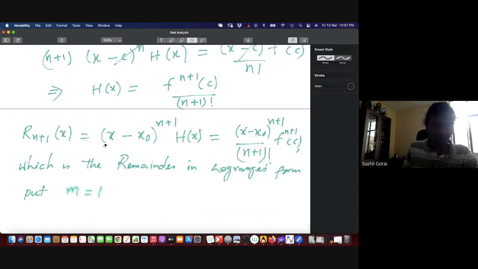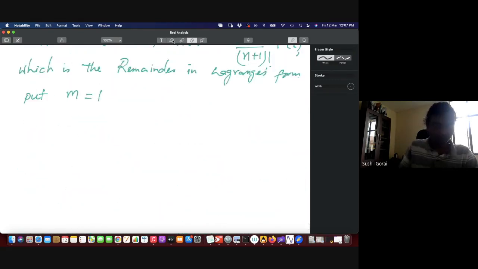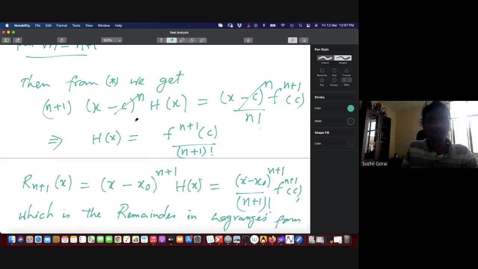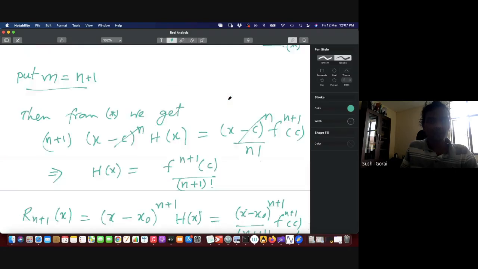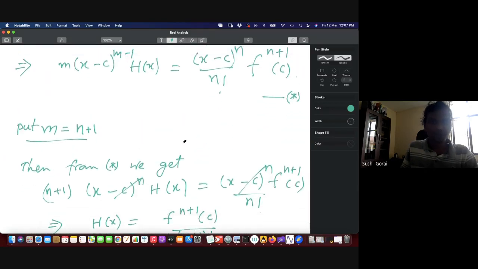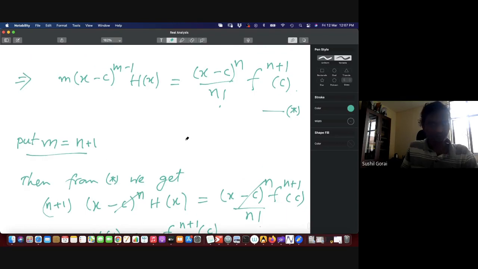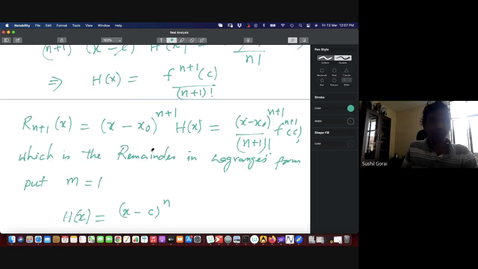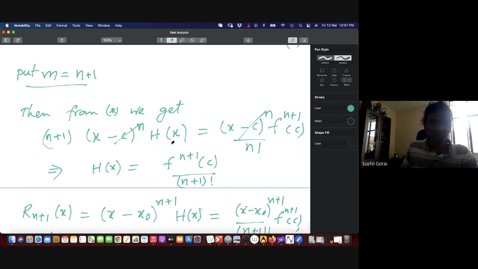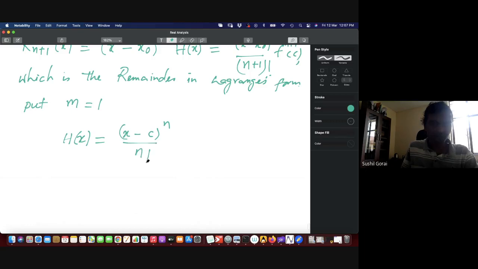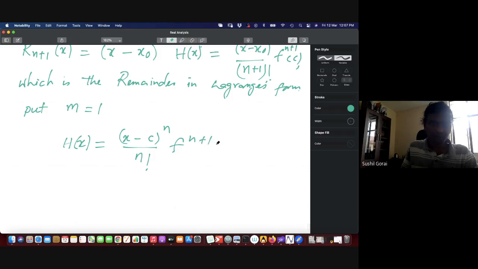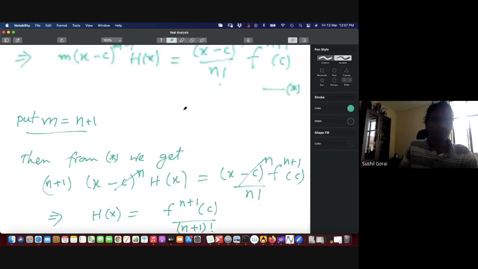So h(x) is this, (x minus c) power n, (x minus c) power n by factorial n, f^(n+1)(c). So the first one is clear from here, right?